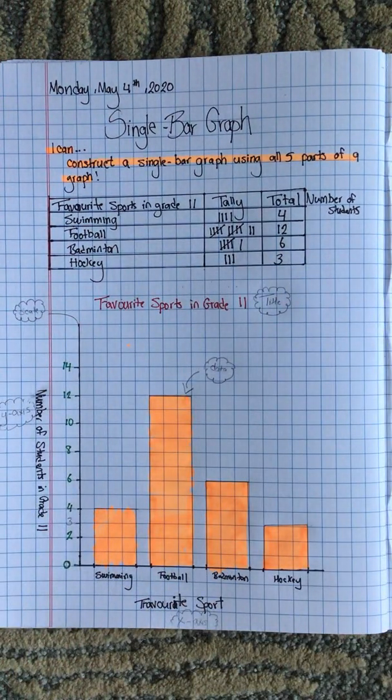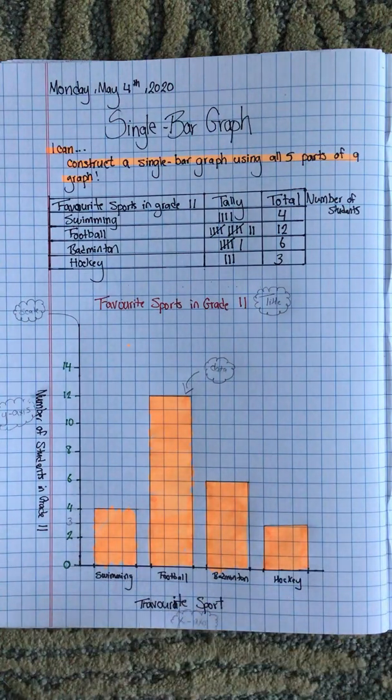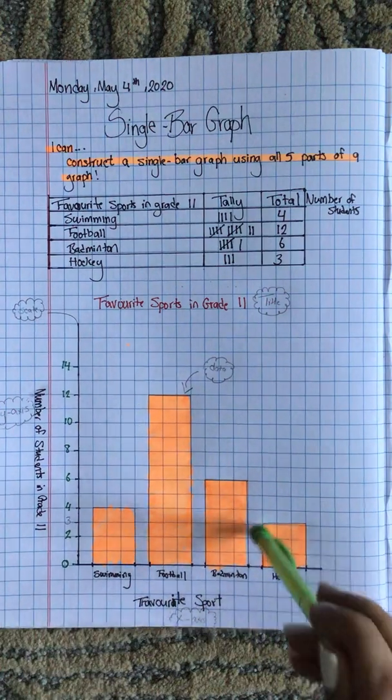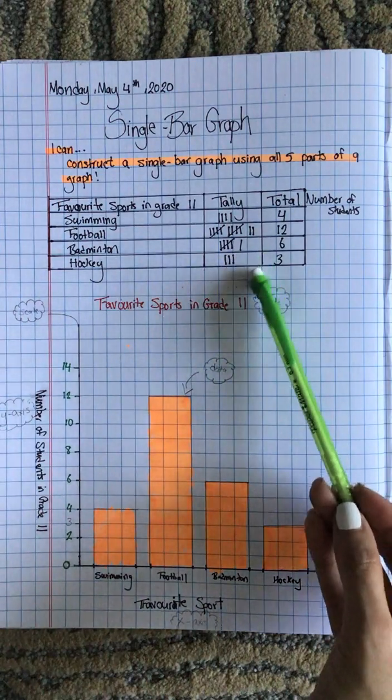Soon, we're going to start looking at double bar graphs. Tomorrow, actually, we're going to look at double bar graphs and why they have 2 bars and what that tells us. Okay? So tomorrow you're going to be doing double bar graphs. But today, after you've written these notes down, I want you to go back to that chart that you gathered on Wednesday.